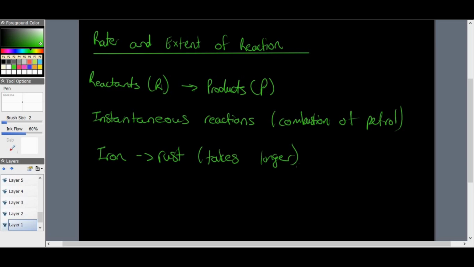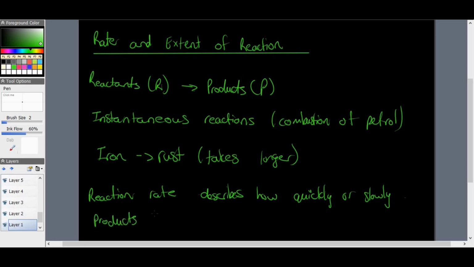Now, the reaction rate describes how quickly or slowly, in the case of rust, products form, and also how quickly or slowly the reactants are used up during the reaction.